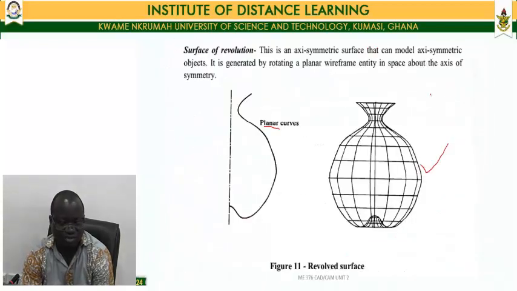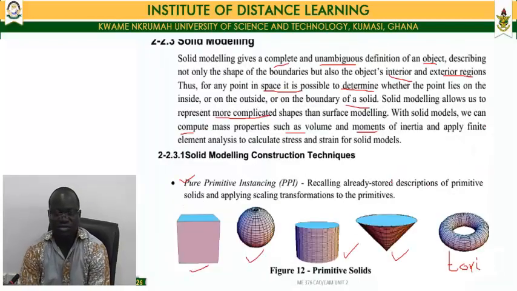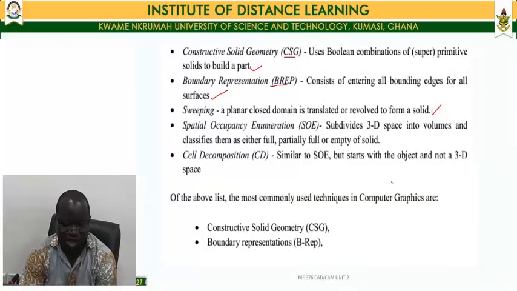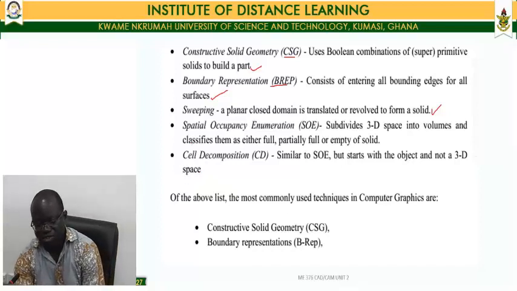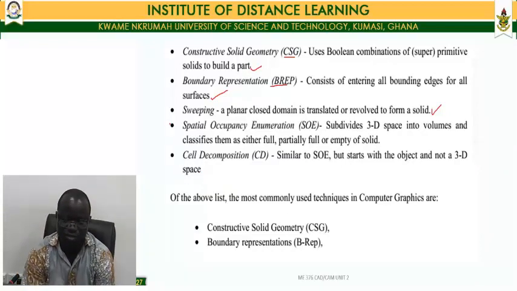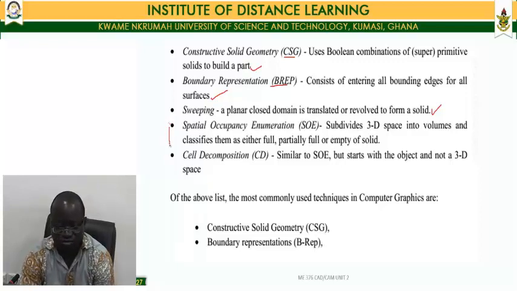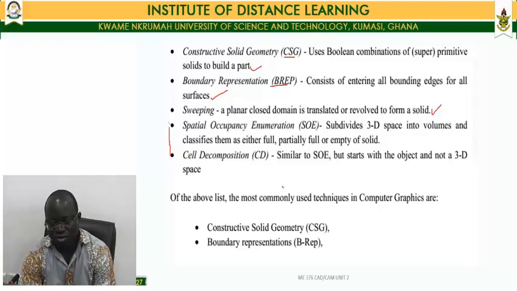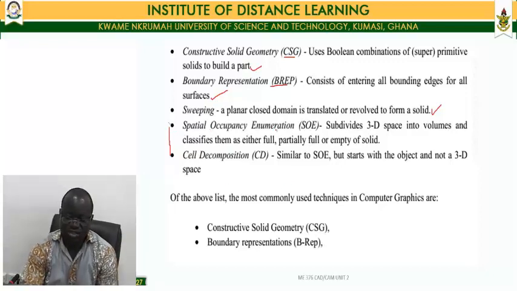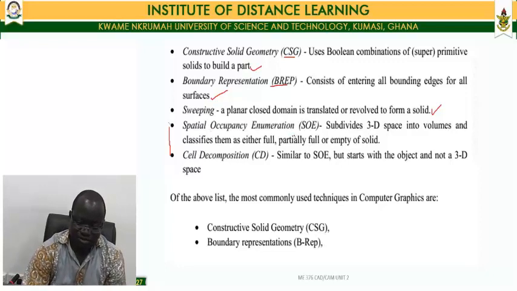And then these last two construction techniques, which are fairly advanced, are first the spatial occupancy enumeration, SOE, which basically subdivides 3D space into volumes and classifies them as either full or partially full or empty.